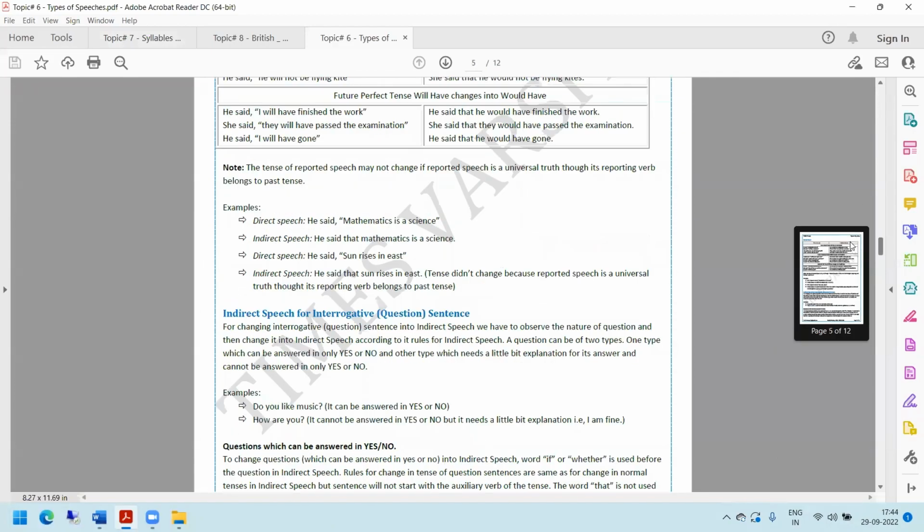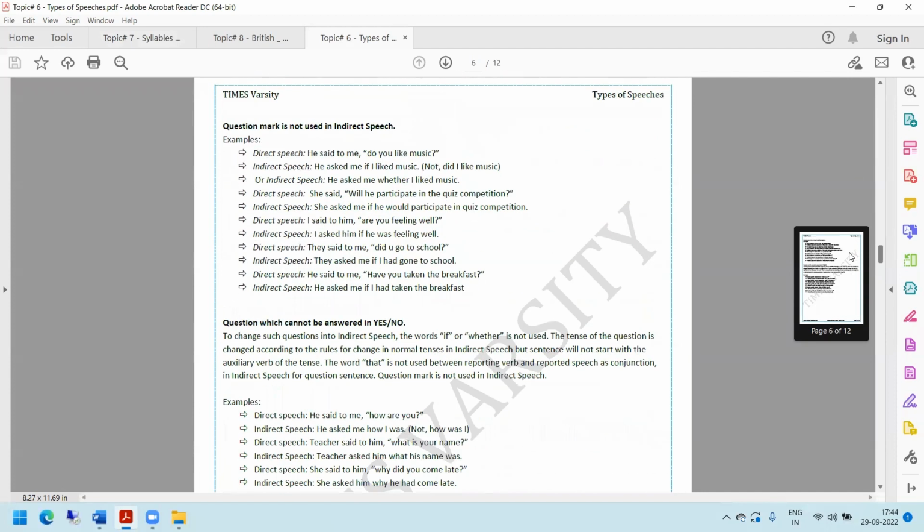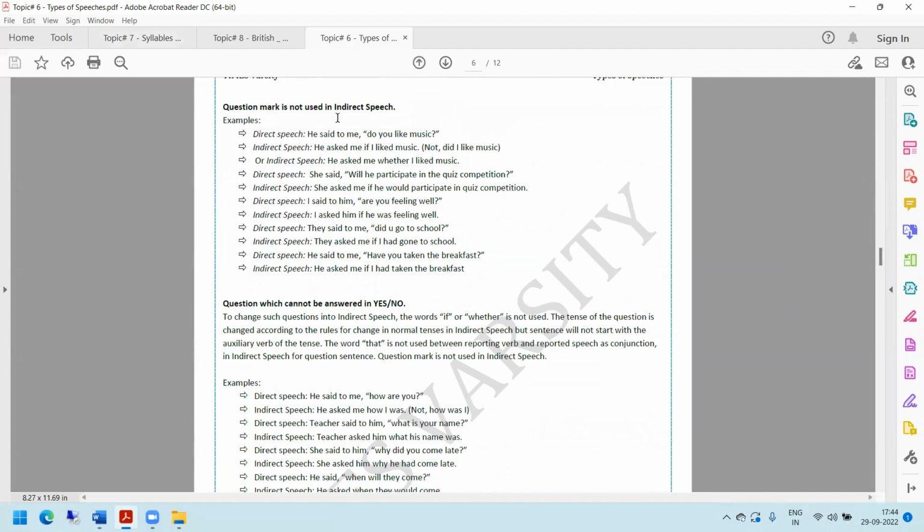We are discussing this. Question mark is not used in indirect speech. So direct speech, where the question is asked, a simple question, right? He said to me, do you like music?